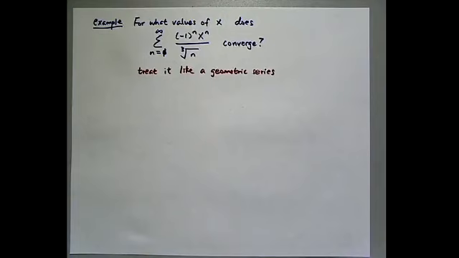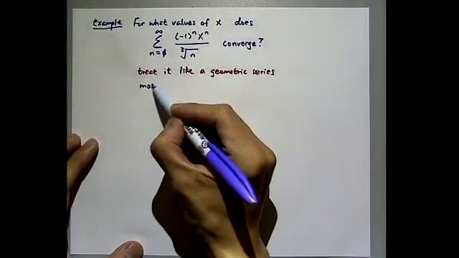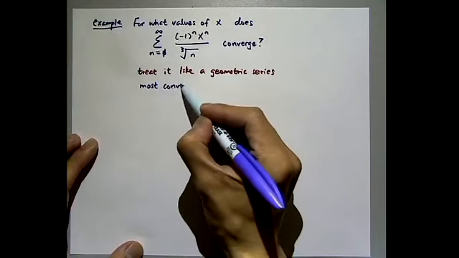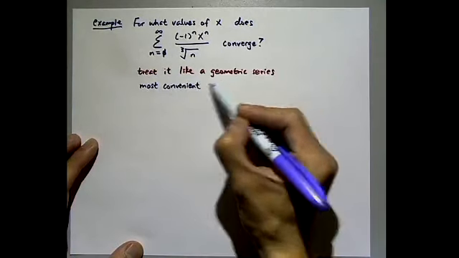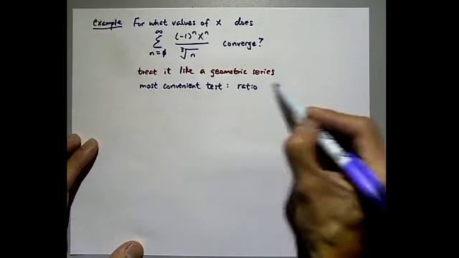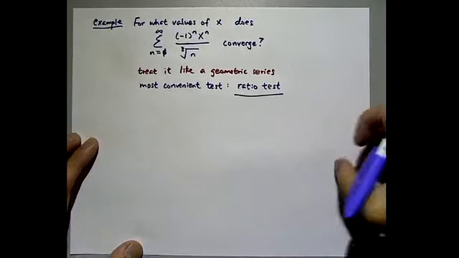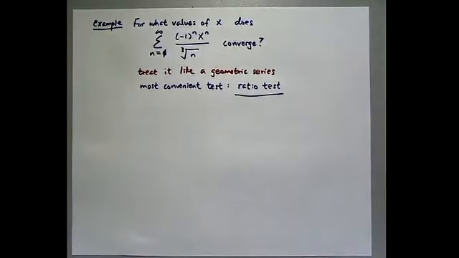And all the tests that you have learned are available to use, but the most convenient test to use is the ratio test. You should be able to use the ratio test to take care of all of these power series that you will see.